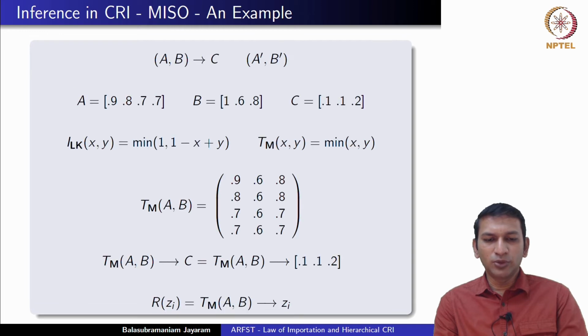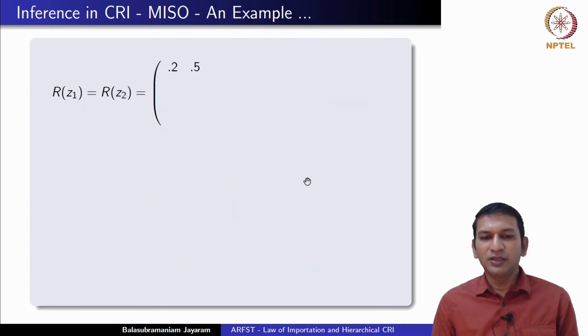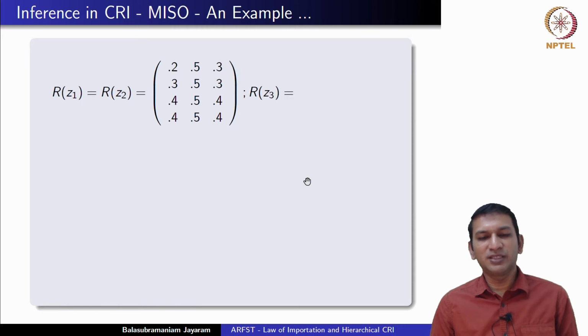Note that the Lukasiewicz implication is the minimum of 1 and 1 minus x plus y. So when you take 0.9 and 0.1, it is 1 minus 0.9 plus 0.1, which is 0.2. When we use 0.6 and 0.1, it is 1 minus 0.6 plus 0.1, which is 0.5. So that is how we obtain this matrix.